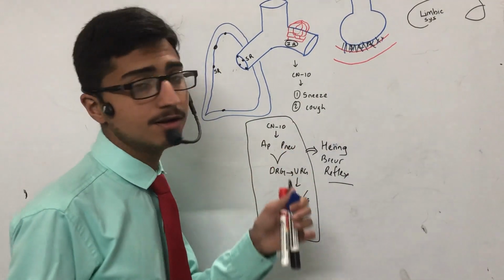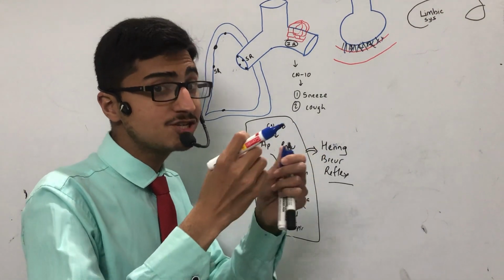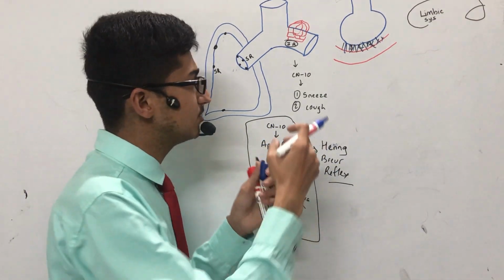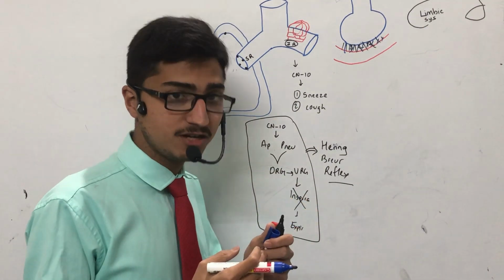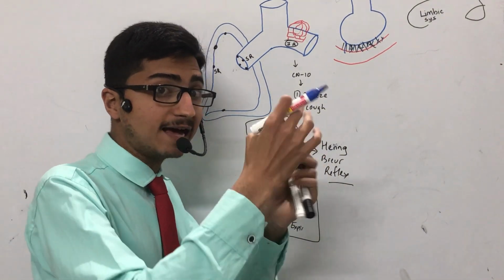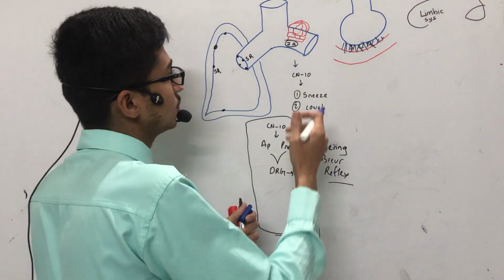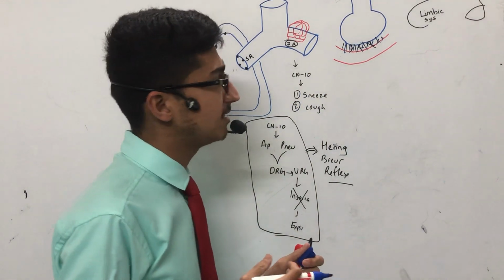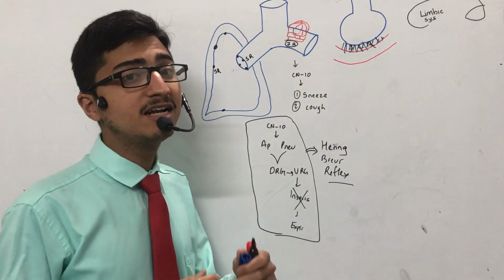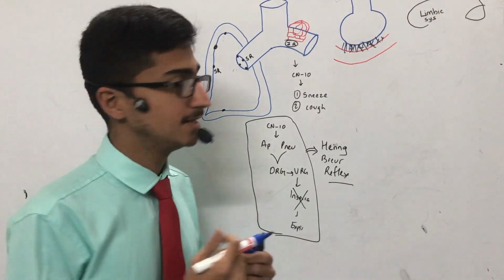What happens here? The respiratory membrane gets thickened due to the accumulation of fluid. We have studied in our previous videos that when the respiratory membrane gets thickened, the exchange of gases gets difficult. So these juxtacapillary receptors get activated and start rapid but shallow breathing.